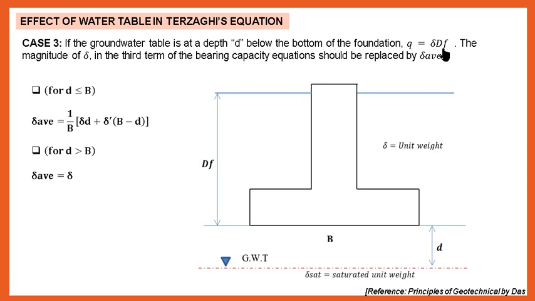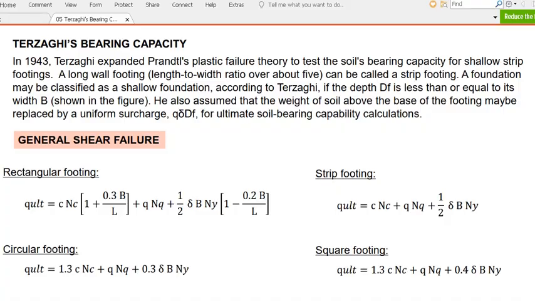This is the Q in the general Terzaghi's equation. The only thing we replace is the magnitude of gamma in the third term. So we are still on the third term.